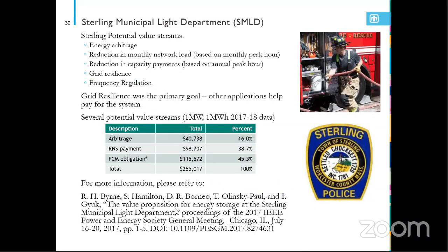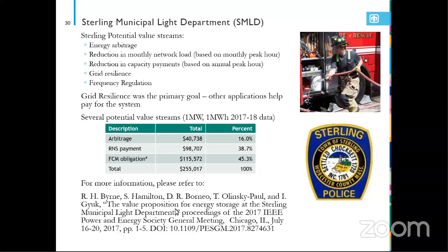This slide talks a little bit more detail about the Sterling Municipal Light Department example. Their primary motivation was resilience, but resilience really didn't amount to much as far as a potential benefit. So we looked at other ways to pay for the system. We considered energy arbitrage, reduction in the RNS payment, reduction in the forward capacity market payment, grid resilience and frequency regulation.